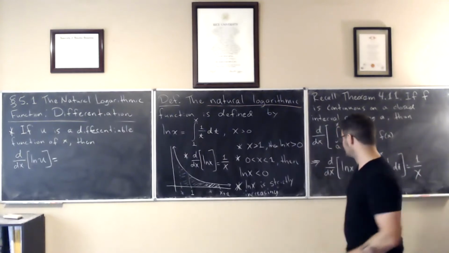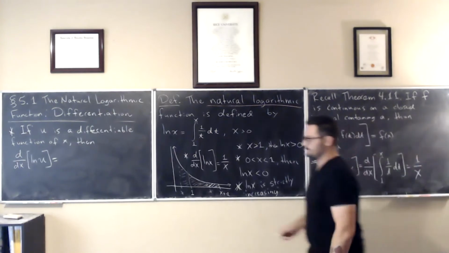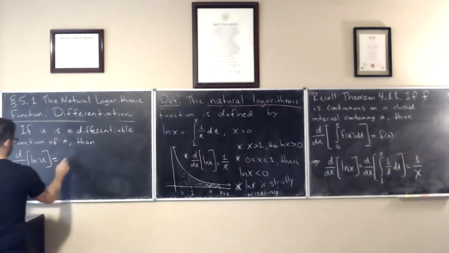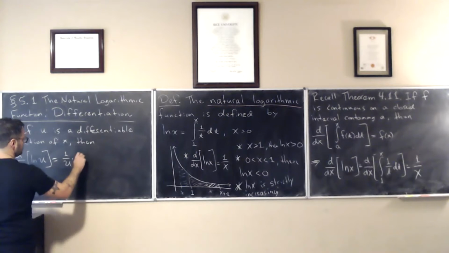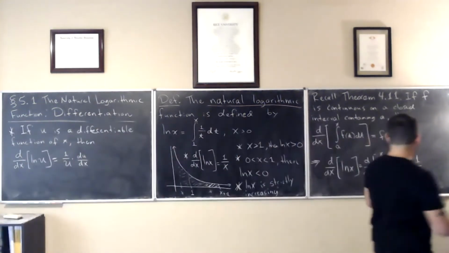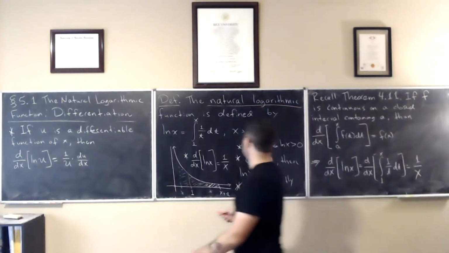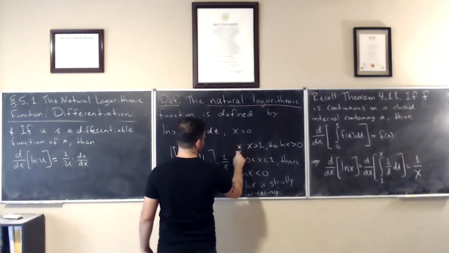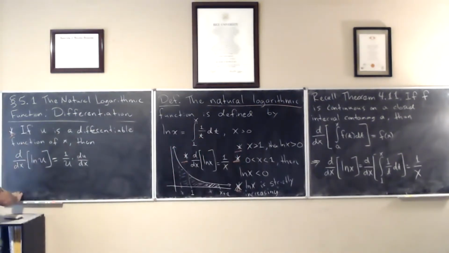This is the chain rule, right? The derivative of the outside is just 1 over u, times the derivative of the inside. We don't know what that is, so we just write du/dx. So this, that, there, and there.